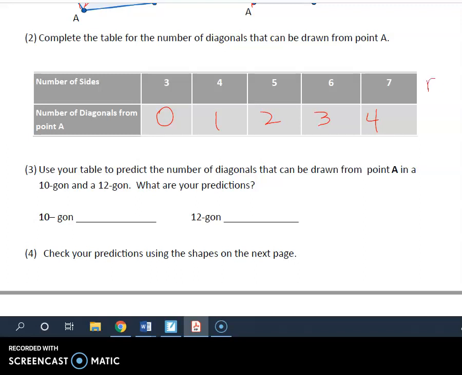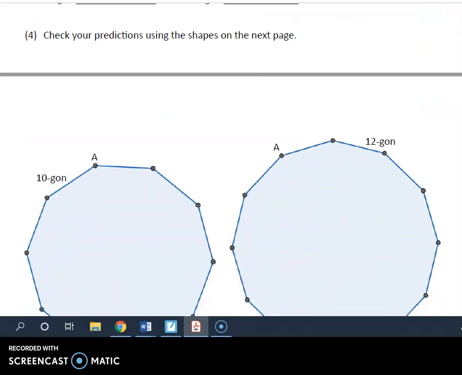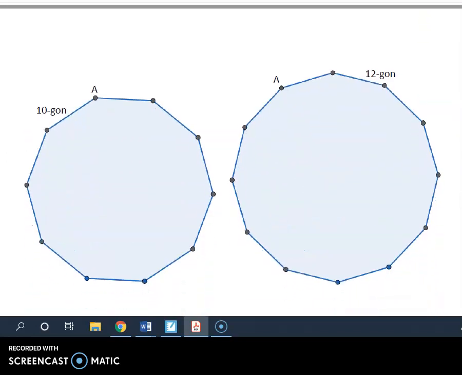In other words, if I put the letter n here, can you come up with an expression using n that would allow me to predict the number of diagonals drawn from a single vertex for any polygon? So go ahead and write down what you think the answers are going to be, and then check your answers by drawing all the diagonals for vertex A, for a decagon and dodecagon. Turn the video back on when you're ready to continue.